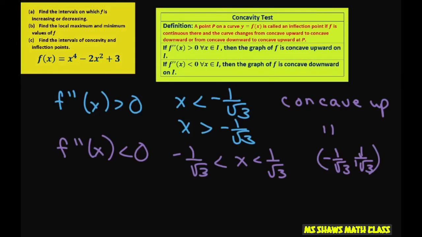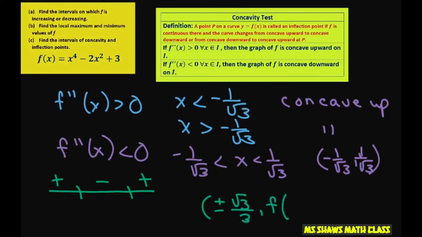But since it's changing at each interval, concave up, concave down, concave up, that means you do have an inflection point. So the inflection point happens at plus or minus square root of 3 divided by 3, and f of plus or minus square root of 3 divided by 3.